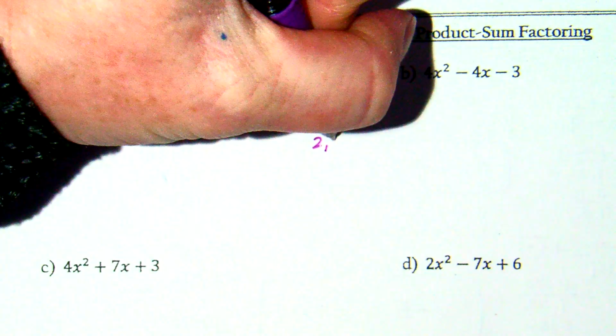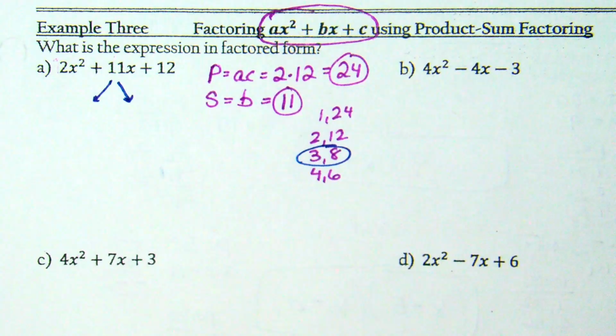We don't just put those into the parentheses and circle our answer. How we use the 3 and 8 is we're going to use those to split your middle term. So 11x can split into 3x and 8x. Now, you have an option. You can either write it as 3x plus 8x or 8x plus 3x.